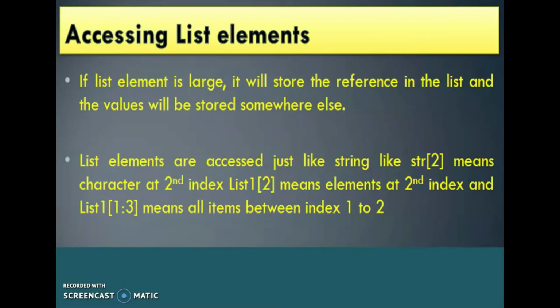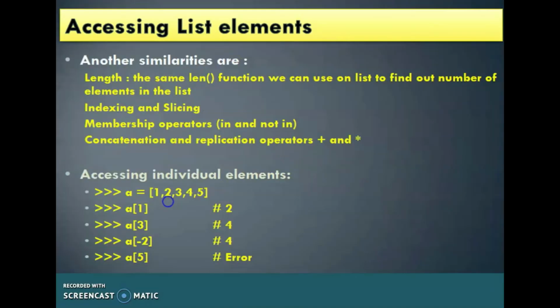List1 of 2 means the element at the second index, and list1 within the square bracket I specified here 1:3. That means all items between index 1 to 2. 1 is the start element, 3 is the last element excluding the third index. So 1 and 2. Okay.